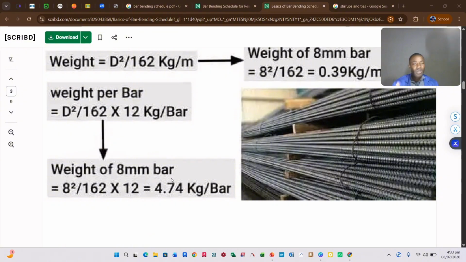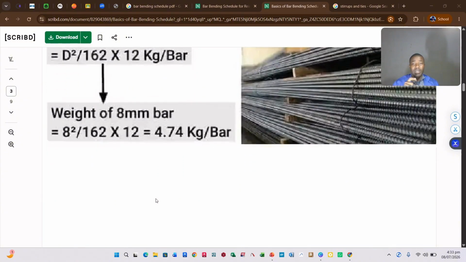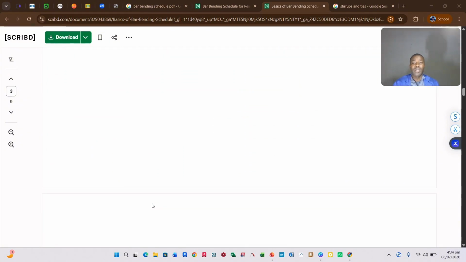So when I go to buy in town, one bar of 12 meters weighs 4.75 kg. This is the standard formula that a good engineer must understand when dealing with rebars.